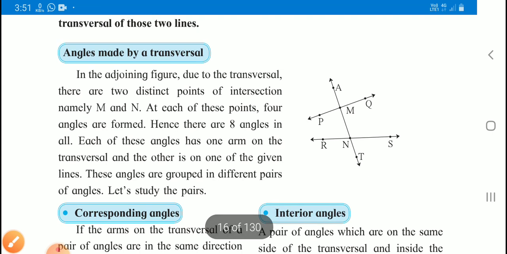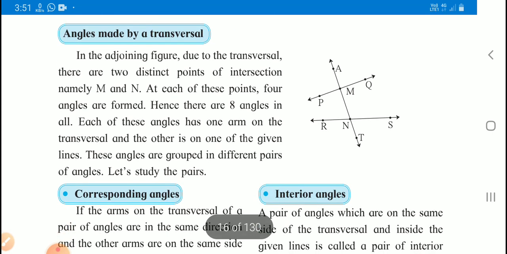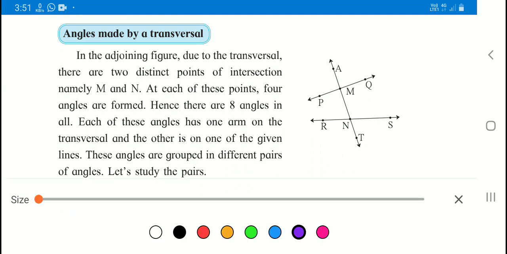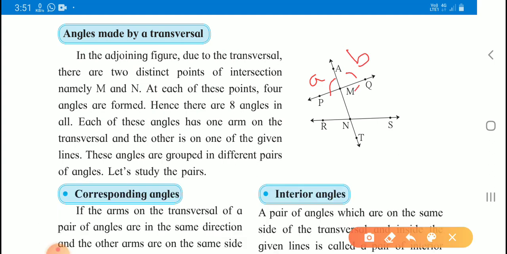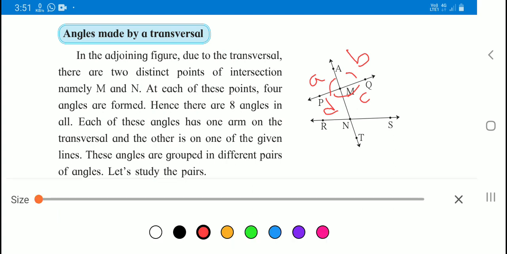I will consider this upside angle as angle A, then angle B, then angle C, angle D. After that, I will write the angles by using another color.